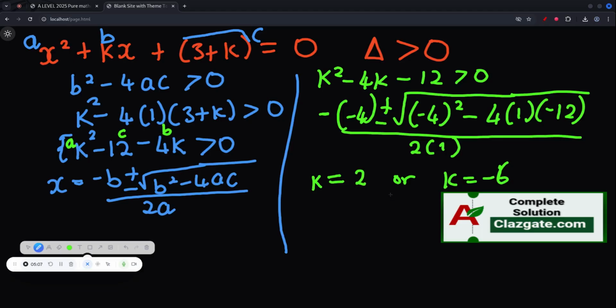And since the inequality is greater than 0, the values are outside the roots, because it's real and distinct. It means that it's greater than 0. Since it's real and distinct, the values are outside the roots.